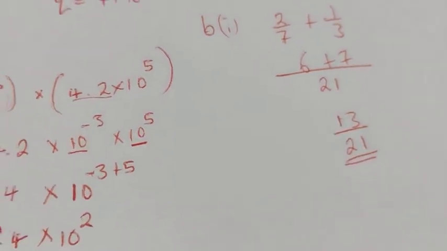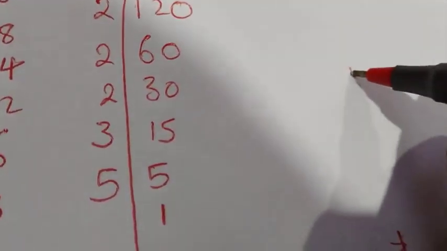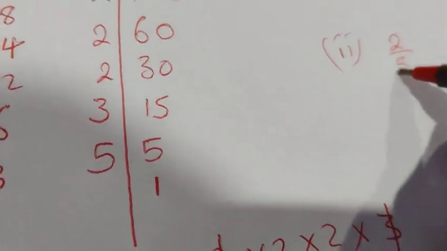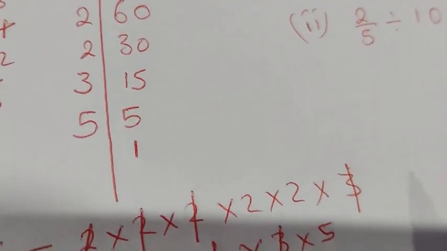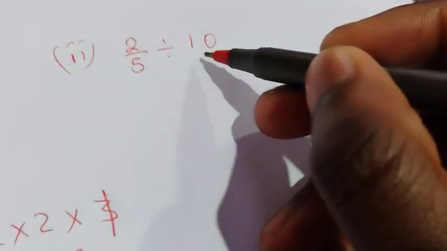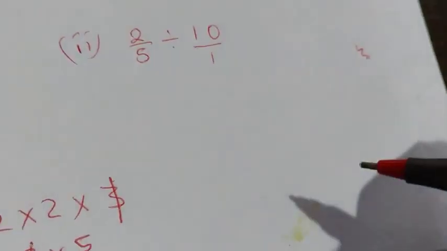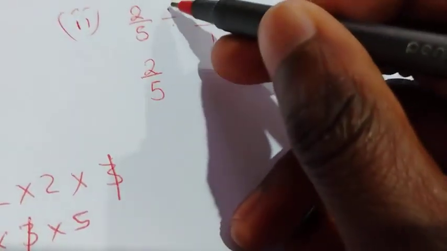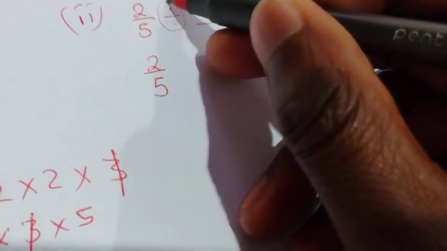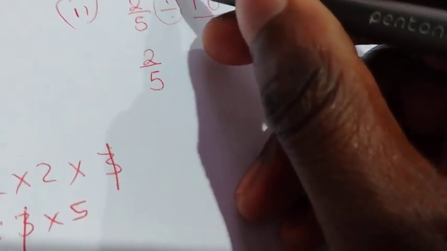That's it. The next one, it's item 2 of B. So it's 2 over 5 divided by 10. So what you do, you give 10 a denominator 1. Then it will be 2 over 5. You remove the division sign, you replace it with the multiplication sign.